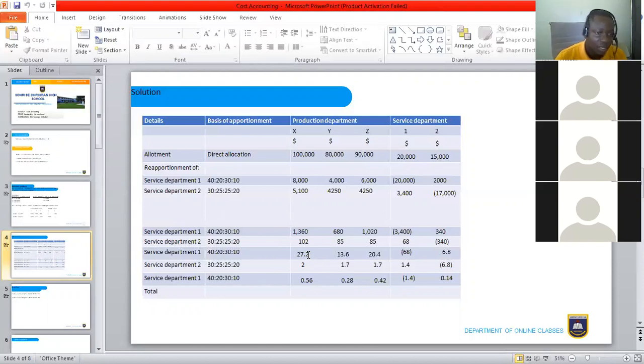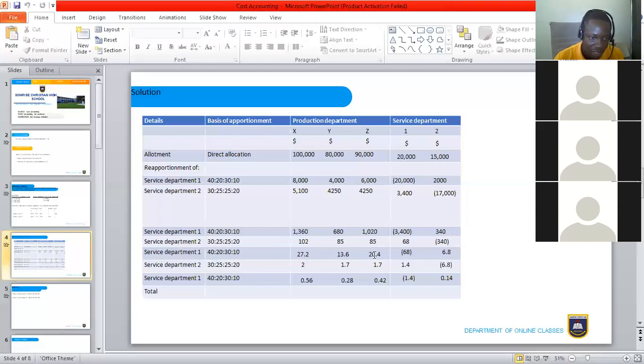Then 20% of $68 will give us 13.6. The next one will be 30% of $68.